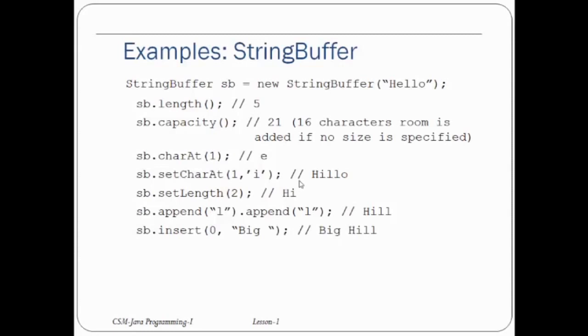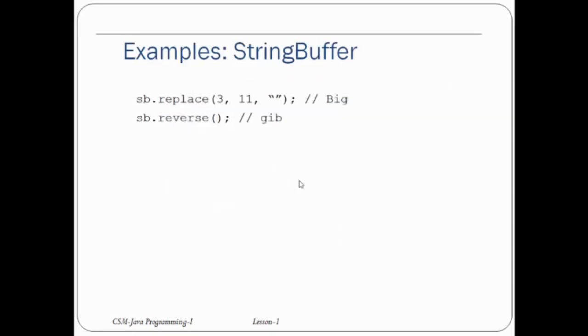After that, we are using sb.insert, and at 0 we are inserting "big ", so it will become "big hill". Okay. sb.replace will replace the third till 11th with blank. So it will just remain as "big" and all other characters will be replaced with blank. Reverse will make it "gib".